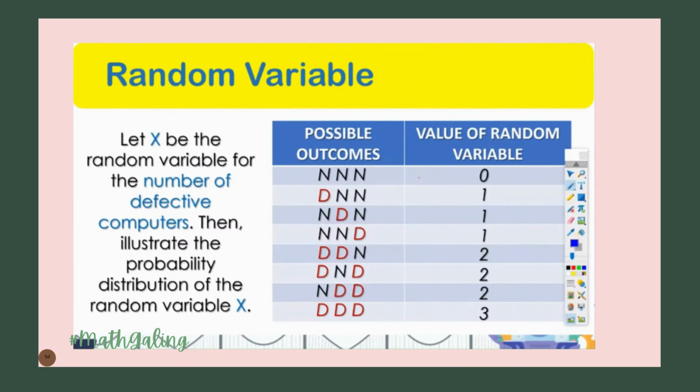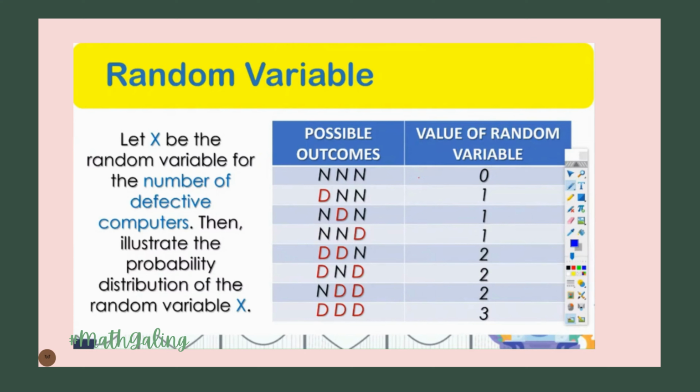Okay, so let X be the random variable for the number of defective computers, then illustrate the probability distribution of the random variable X. So we already have here the list of possible outcomes because there are 3 computers, right? So we are going to identify its random variable, or the number of defective.